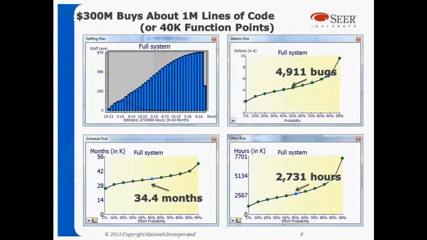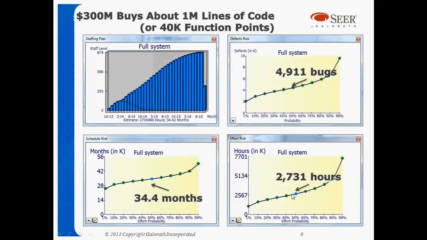If you look at the CRSIM charts, you can see the staffing level taking off from the start to about 800 people. If that were flat, the number would be a little lower than that. And you can see that the blue on the charts is the 50% line for 4,900 bugs, 2.7 million hours, 34.4 months, about 3 years.